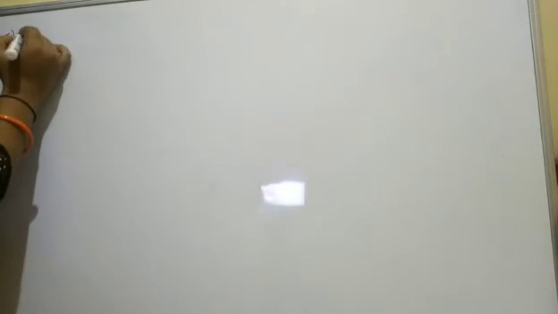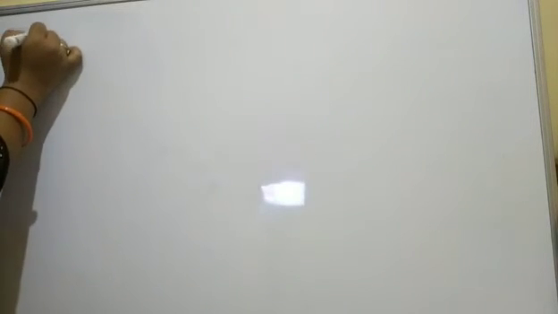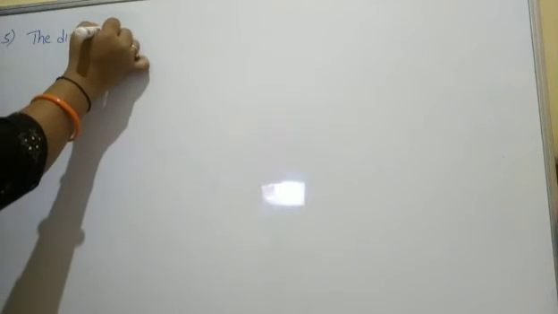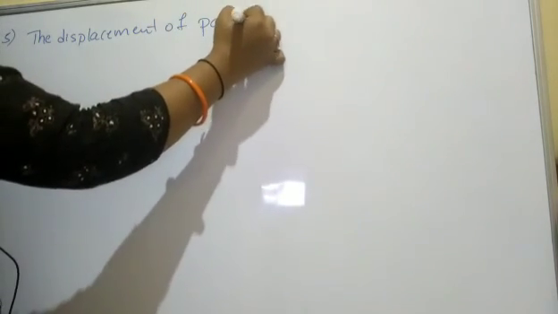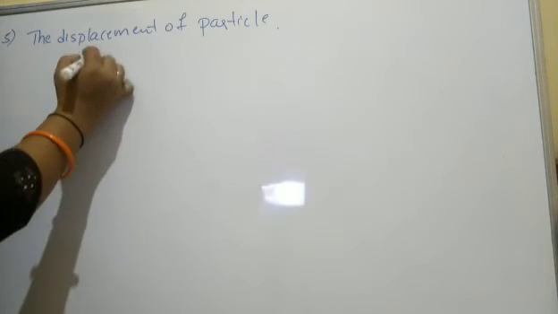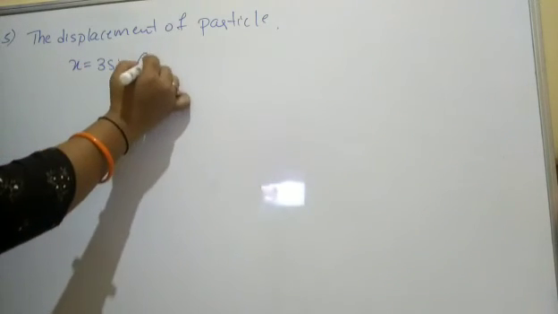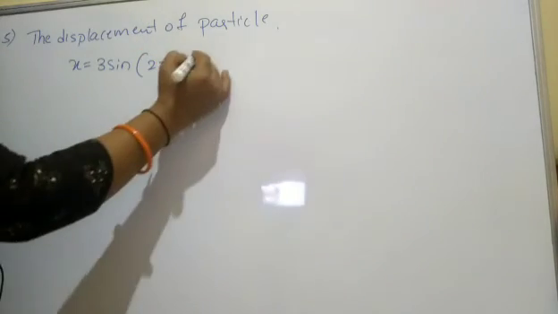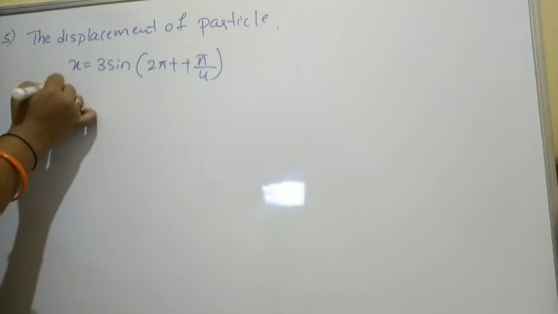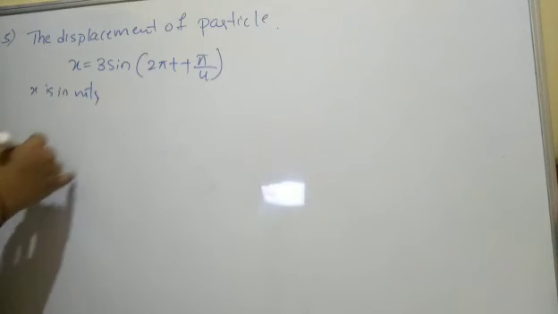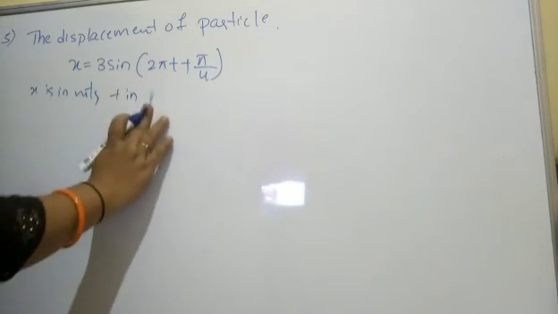If the displacement of a particle executing simple harmonic motion is given here, that is x is equal to 3 sine of 2 pi t plus pi by 4, where x is in meters and t is in seconds.